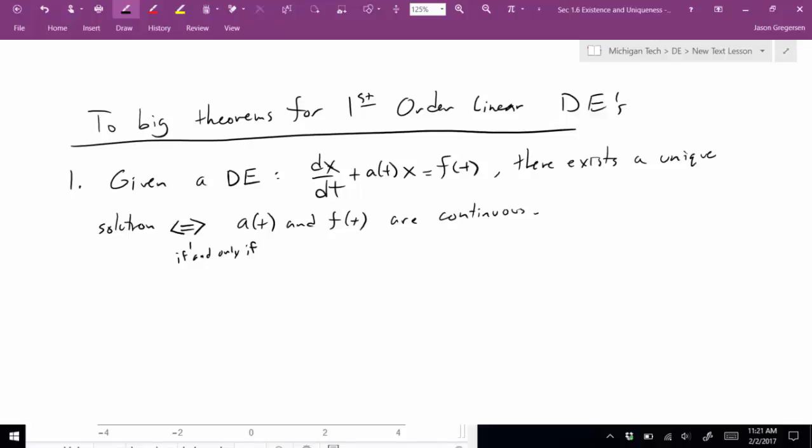That is really all we are doing. We are checking those guys. Okay? Now your book will write it a little bit differently, a little more formally. And so it really won't say that there exists a unique solution to this differential equation.